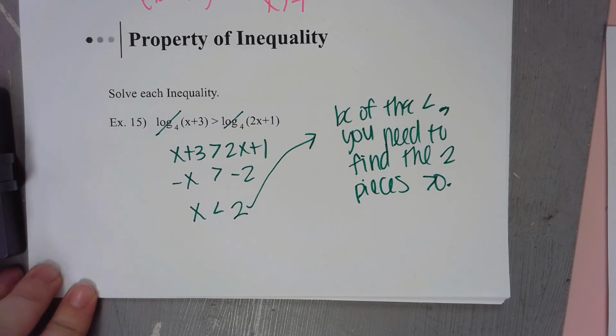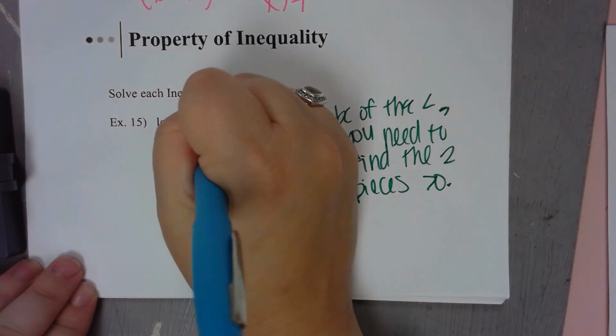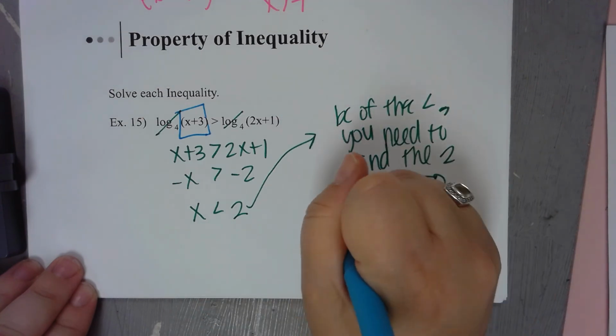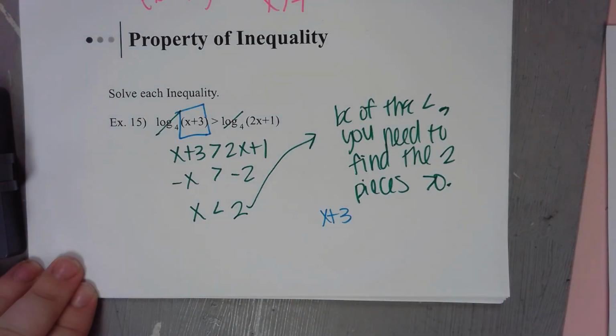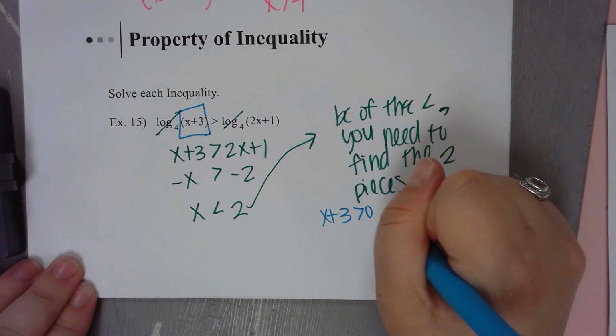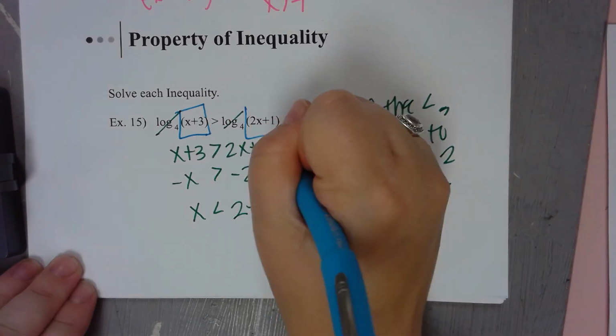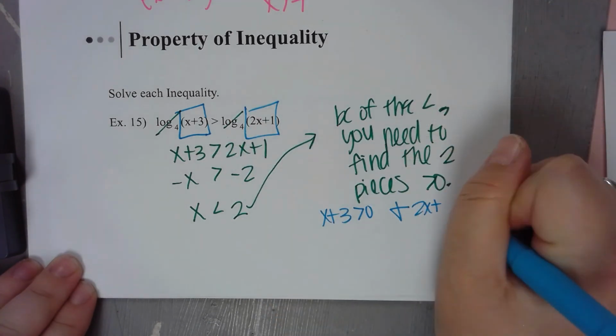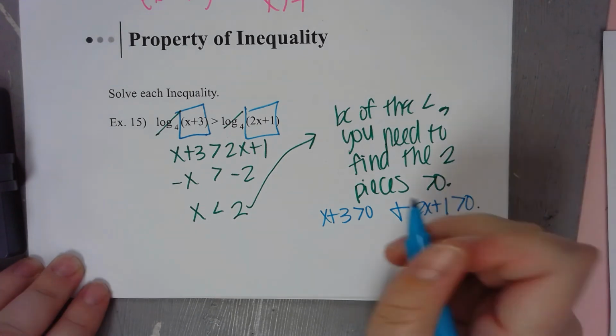So you're going to take x plus 3 is greater than 0 from the original, and the 2x plus 1 greater than 0.